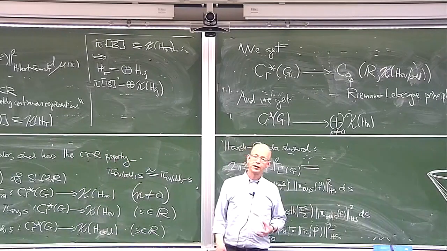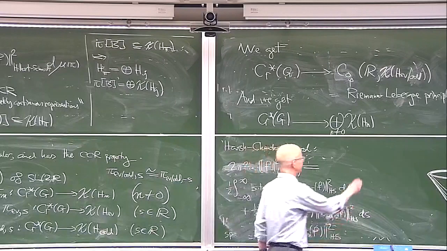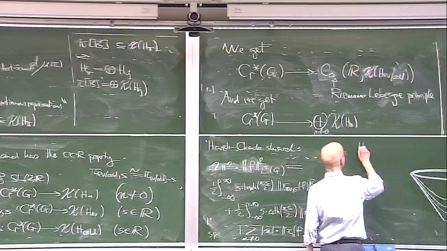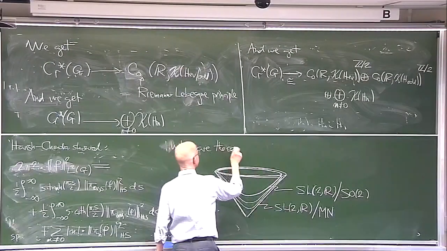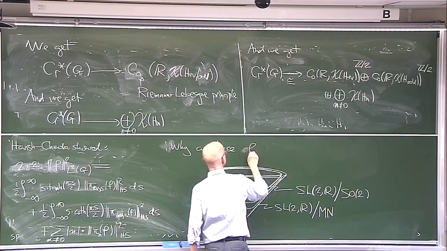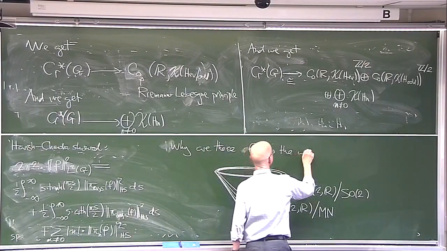These are the types of results that we're trying to understand. The question that we want to answer is, why are these formulas the way they are?